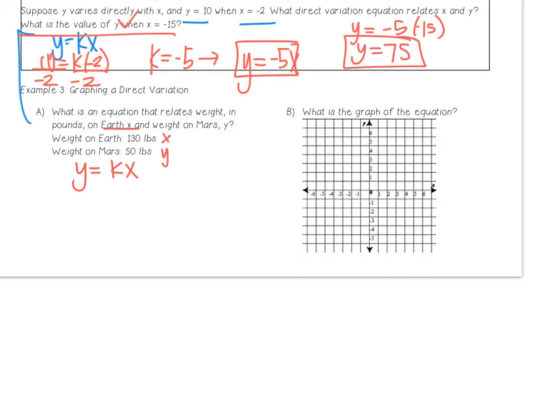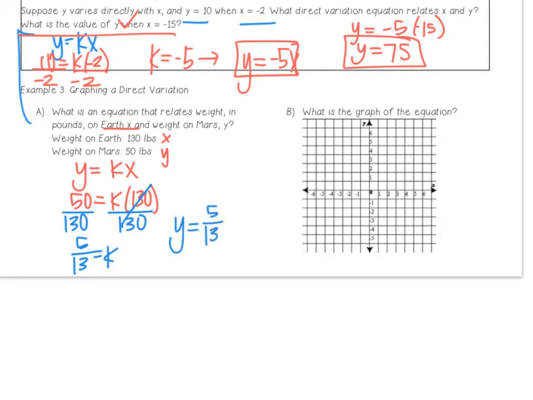So that's going to be 50 equals k times 130. Then if we solve for k, we get 5 over 13 equals k, which means my equation is going to be y equals 5 over 13x. And I'm just taking the k and I'm putting it right back in up there.